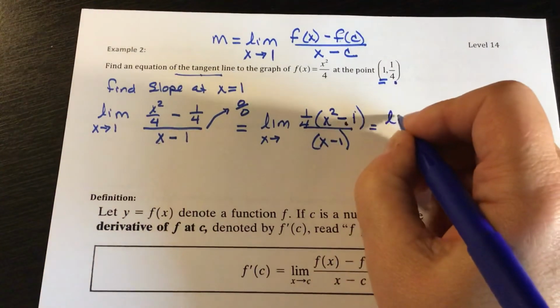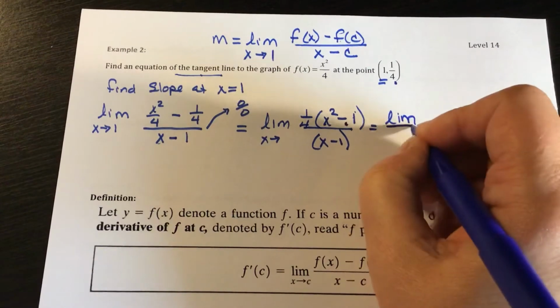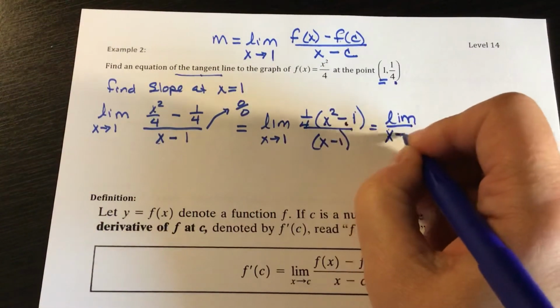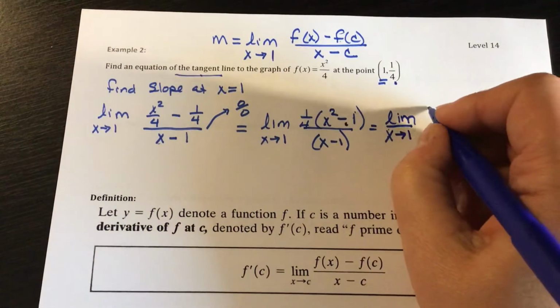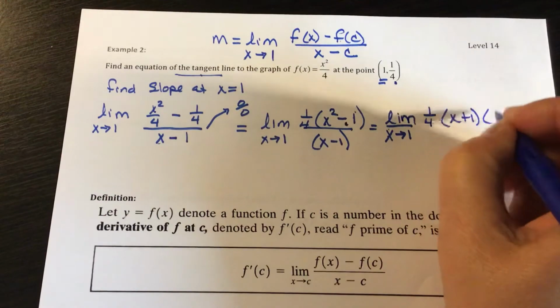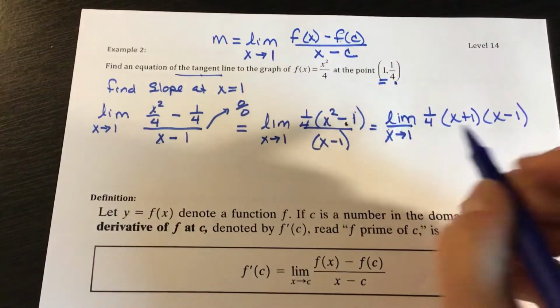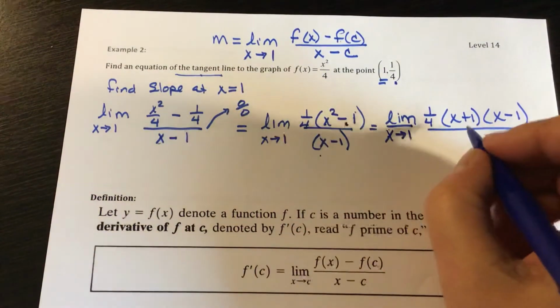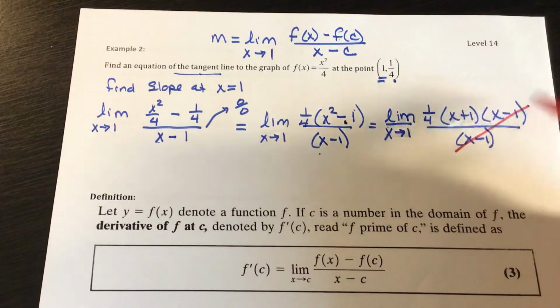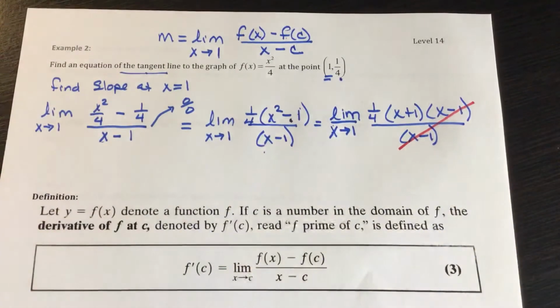So I'm going to have the limit of x approaches 1. And then I have 1/4 times x plus 1 times x minus 1, and that's divided by x minus 1. Now I can cancel my x minus 1's.